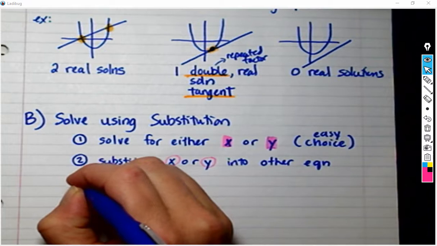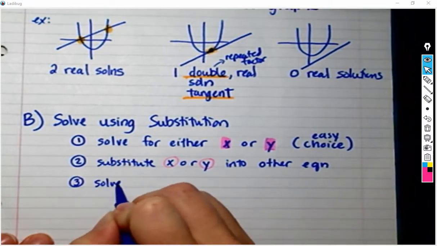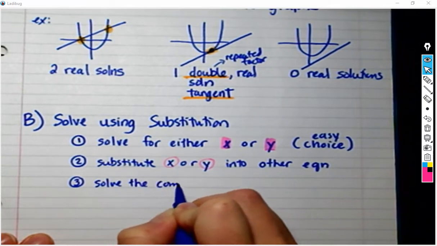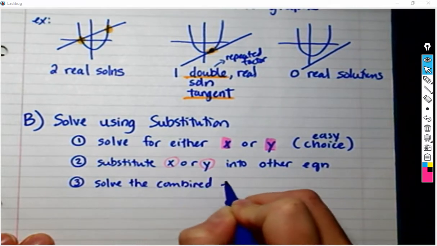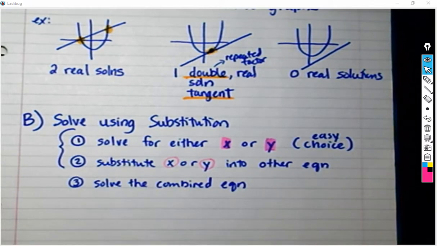Okay, third step. Solve the combined equation. So right here in steps 1 and 2, we are putting the two equations together. Putting them together is what gives us this intersection. So step 3 is solve the combined equation. Guess what, guys? Solving means isolate factor, complete the square. The solving steps, inequalities. Solve for the x-intercepts.